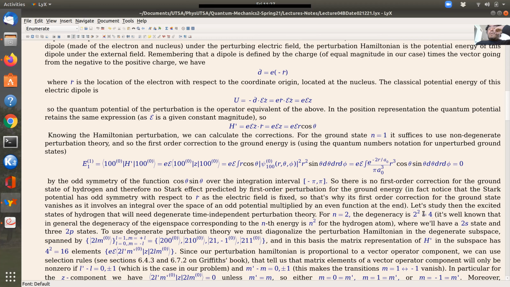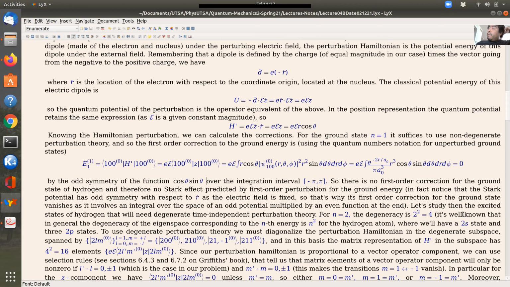So let's go to the next case, which is the excited states, which we know are degenerate. So they are going to need degenerate time independent perturbation theory. And for n equal to 2, you have basically 2 squared for degeneracy.